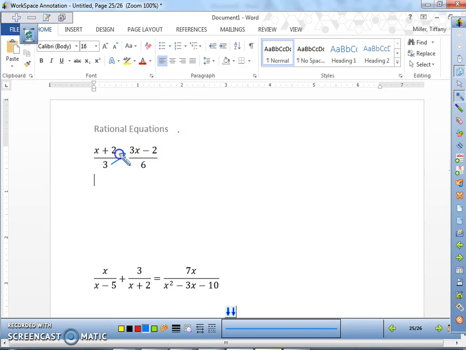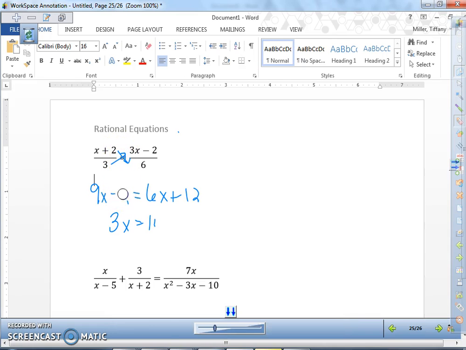So if you remember, you cross multiply by taking 3 and multiplying it by the numerator to get 9, and you distribute 9x minus 2 equal to, and then distribute the 6x plus 12. Now you're ready to solve it for x. Subtract the 6x over, you get 3x. Add the 2 over, you get, this should be 12.